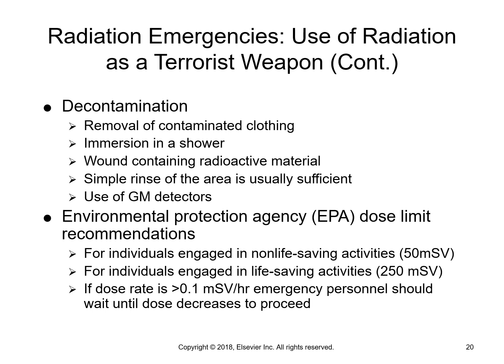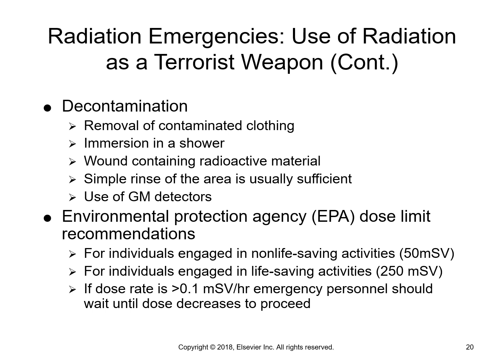So if you were doing something helpful but non-life-saving, maybe moving dirt around or something else to help with something that wasn't urgent, to help with the decontamination or cleanup, once you hit 50 millisieverts, they would ask you to discontinue your work until further notice.